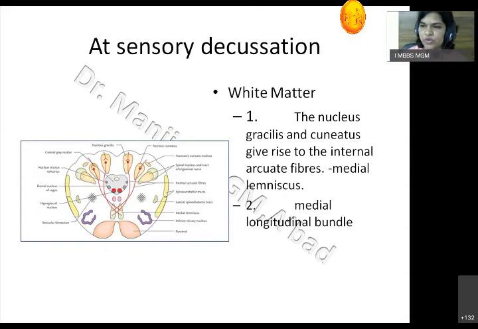There are three types of arcuate fibers. One is internal arcuate, one is anterior external arcuate fibers, and one is posterior external arcuate fibers. So you have to remember all three arcuate fibers. Okay, so this is the most important part of this section. That's why we call this transverse section the level of sensory decussation.